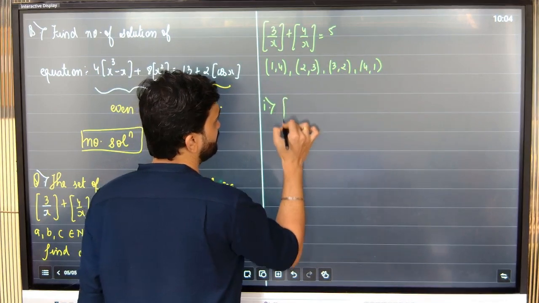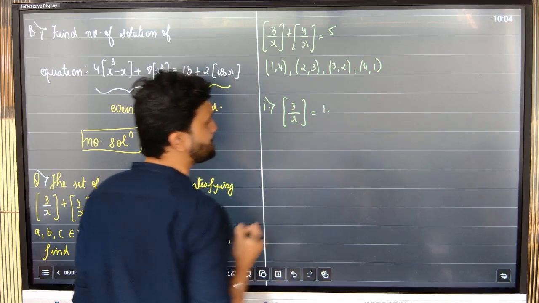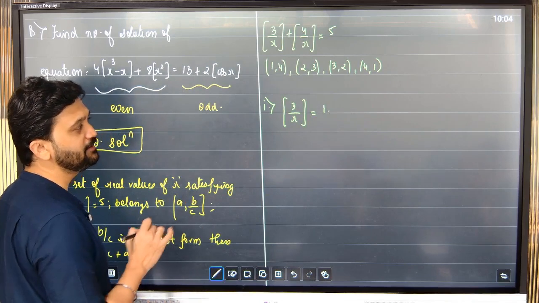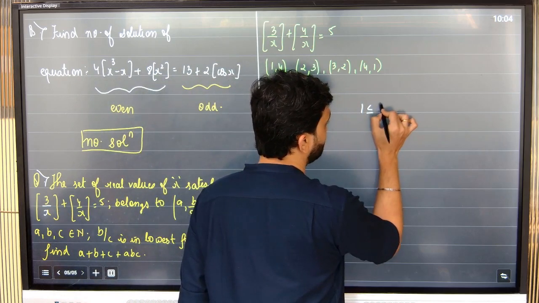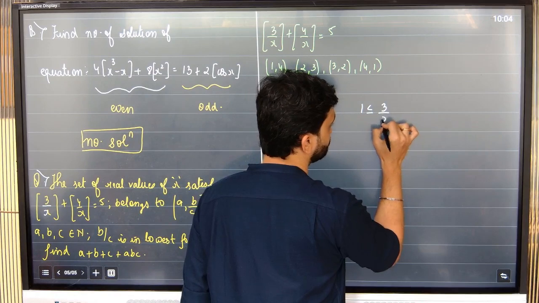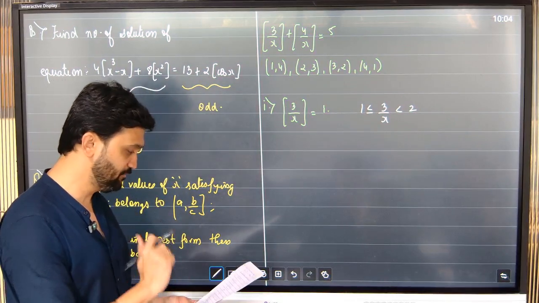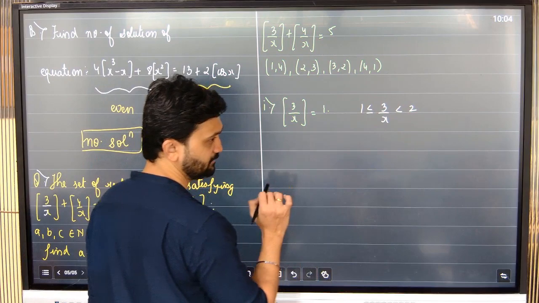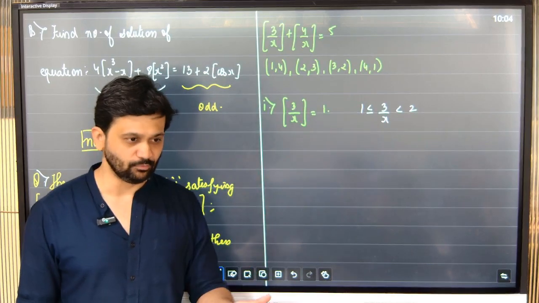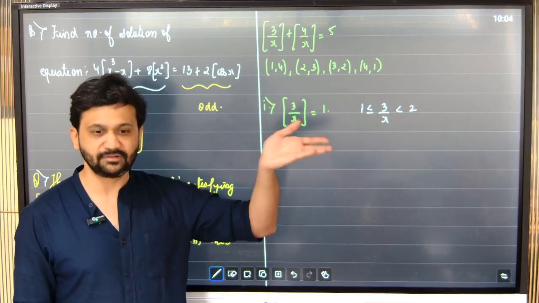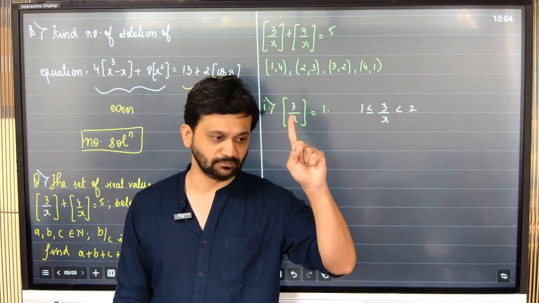We will take greatest integer function of 3/x is equal to 1. Now guys, when will this 1 be formed? When it lies between... understood? In the greatest integer function, if 3/x lies between 1 and 2, then what will its greatest integer be? It will be 1.